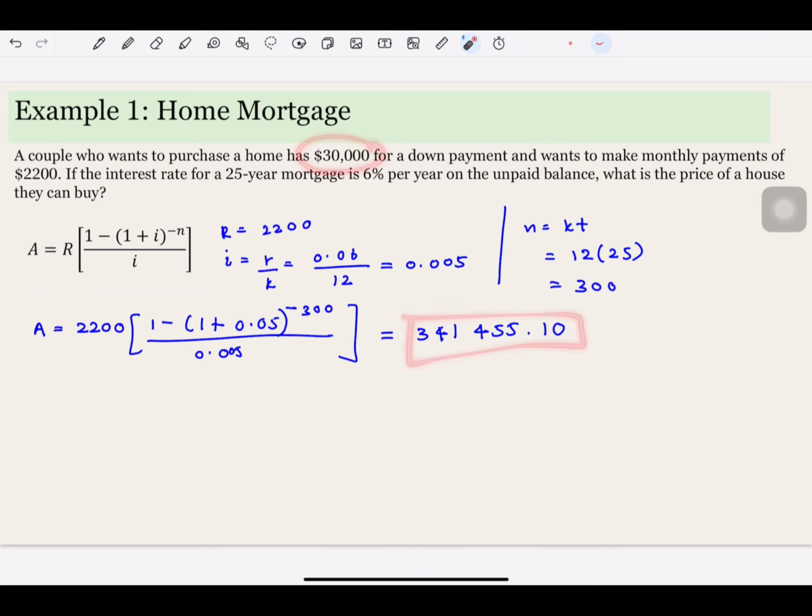This is without the $30,000. To get the total price, you have to consider the $30,000 down payment.